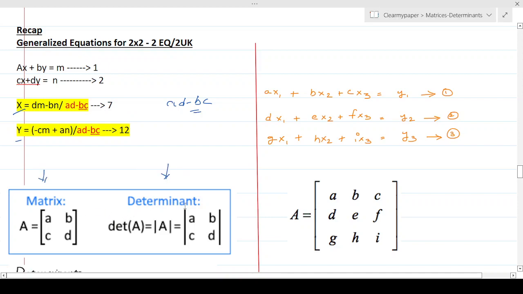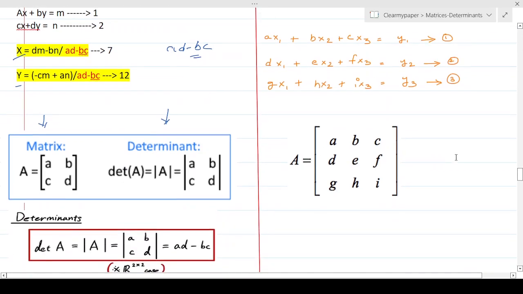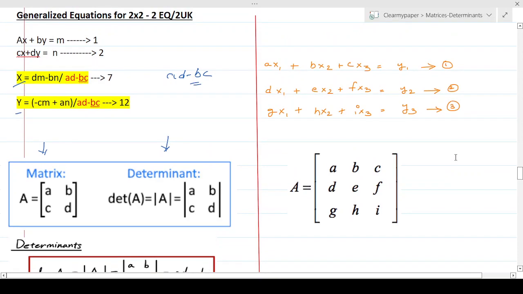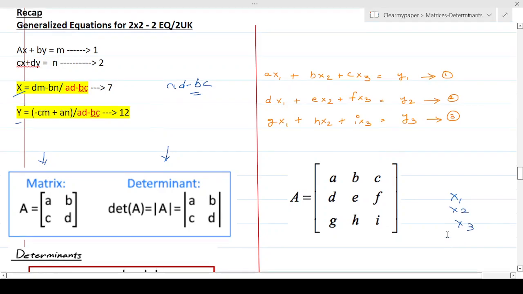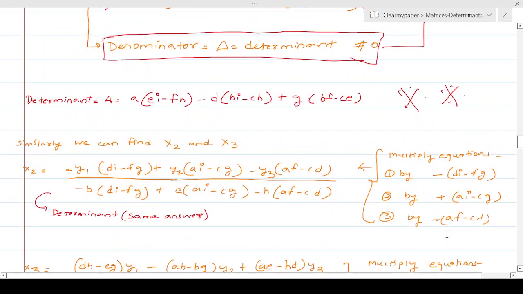And the same thing we did in the last video for a 3x3 matrix, which I have defined on the right hand side, and we figured out the values of x1, x2, and x3. I've kept it here for quick reference.